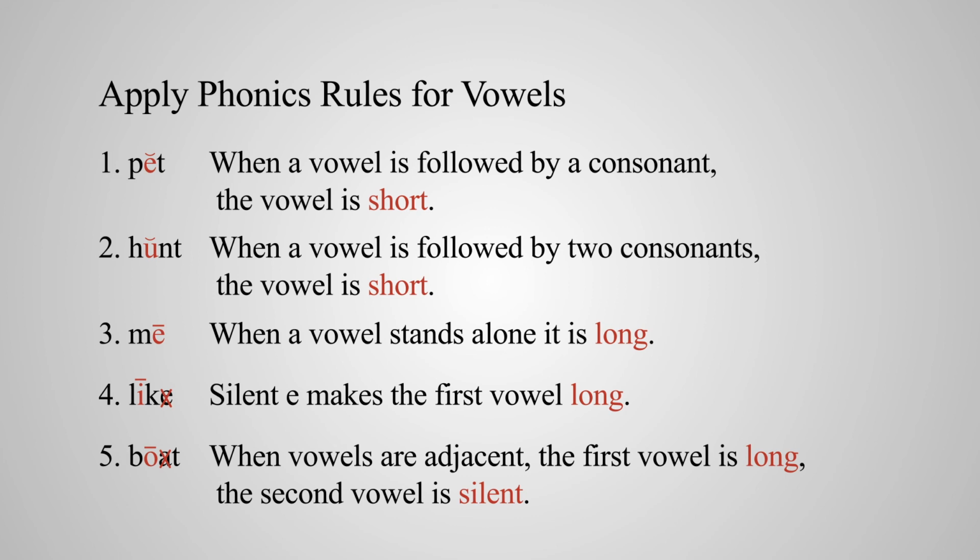They are adjacent. So the first vowel, the rule says, makes that O long, and it has this natural sound of O. But the A, which is adjacent or right next to it, is silent. So let's sound this out. First, we start with O, oat, boat. That's how we sound that out.